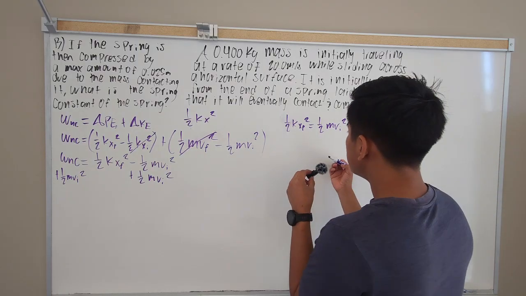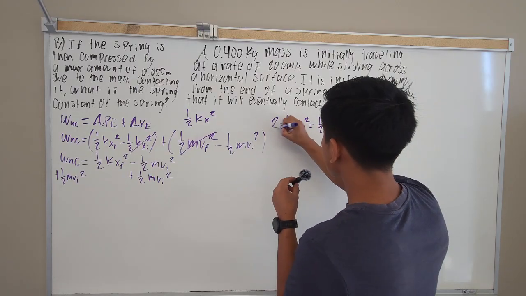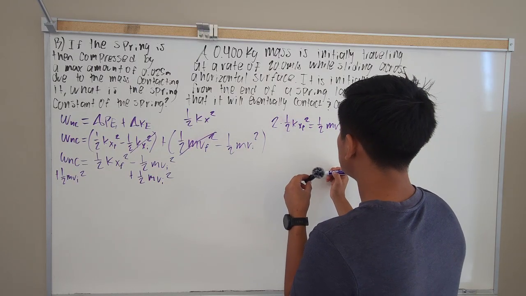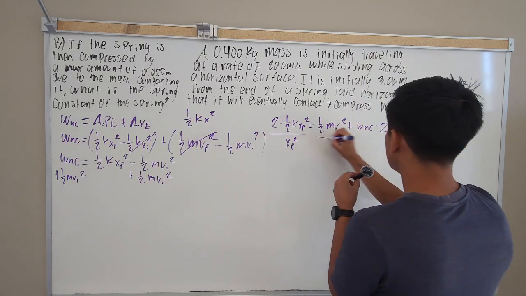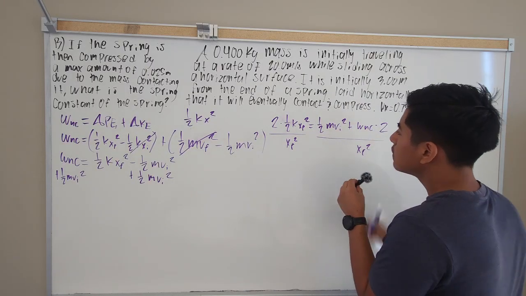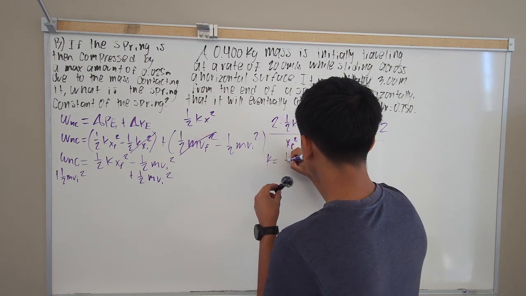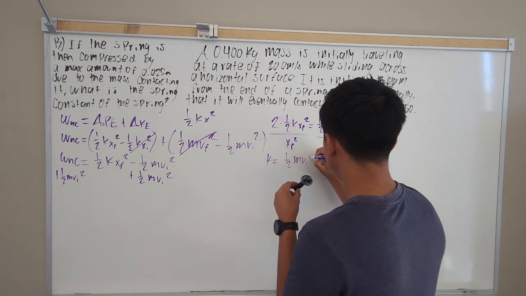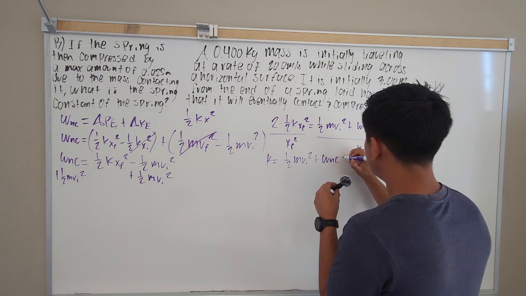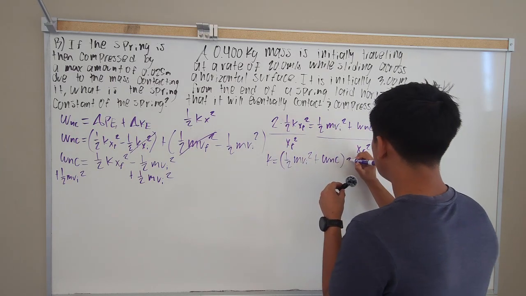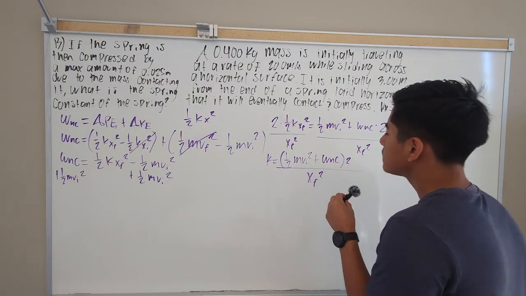And now again, isolating for k, we will multiply both sides by 2 and divide both sides by x squared, or x final squared. So then we'll get that k is equal to 1/2 mv initial squared plus the work done by the non-conservative forces multiplied by 2 all over x final squared.